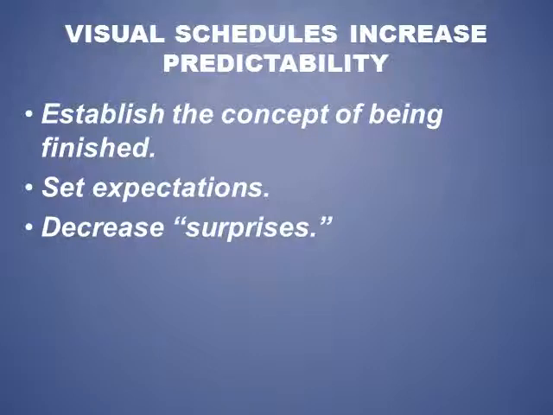Visual schedules also increase predictability by decreasing surprises. Because that information is known ahead of time in a visual format, the surprise element is taken out of any changes or something new, or what expectations might be, and things along those lines.